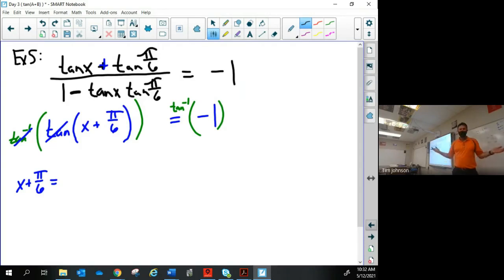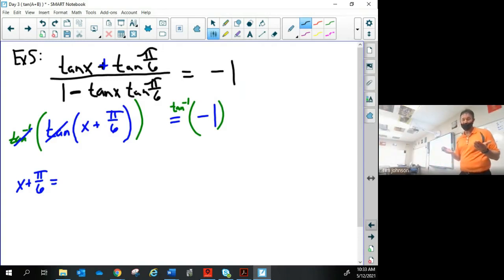First of all, tangent is negative in what quadrants? Well, all students take calculus, 2 and 4. And I know 1 is a 45-degree angle. Well, 45 is really pi/4. So pi/4 in quadrant 2 is really 3pi/4.